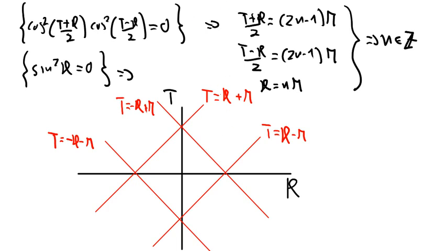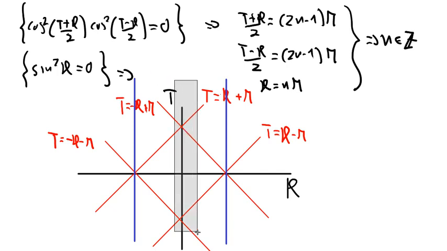Okay, so we have these vertical lines, and of course we have the axis itself, which corresponds to this set. Well, maybe I should just draw the vertical axis in blue, just to stress that fact.